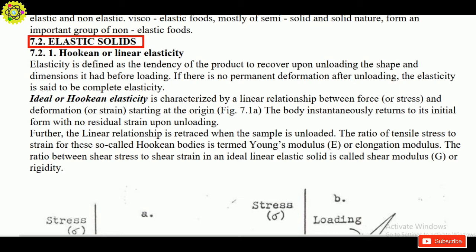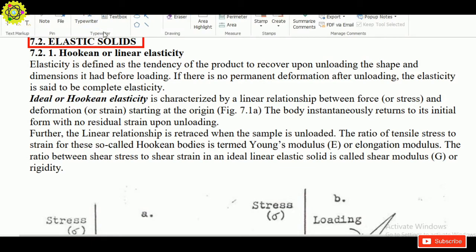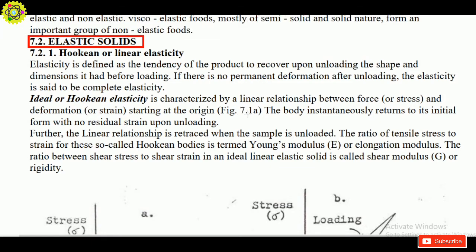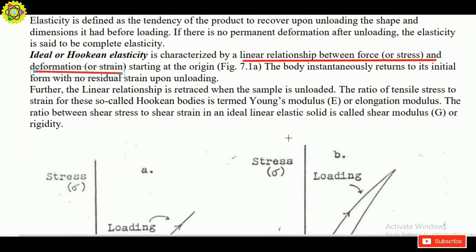Now friends, ideal or Hookean elasticity is characterized by a linear relationship between the force, that is stress, and deformation, that is strain, at the origin.